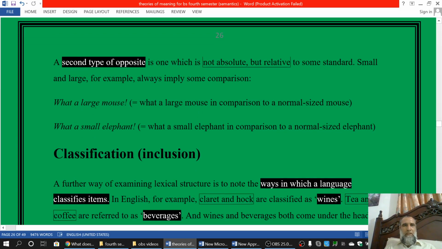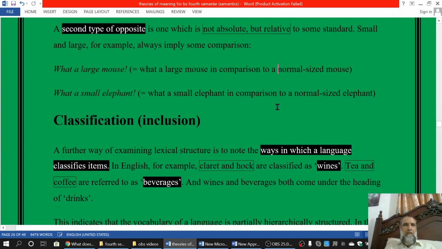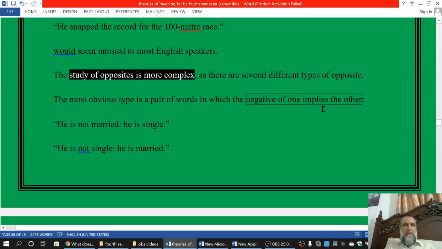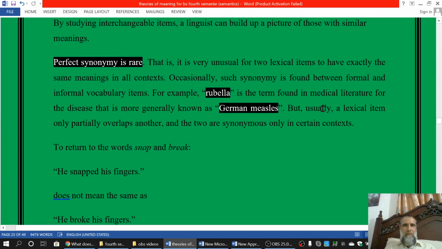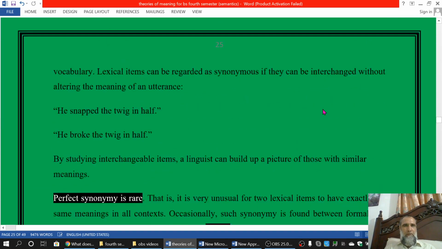For example, we say what a large mouse in comparison to a normal sized mouse. Large is not an absolute word, this is in comparison with something. If we say what a small elephant in comparison to a normal sized elephant. So this is the difference between the synonymy, antonymy and the semantic field.